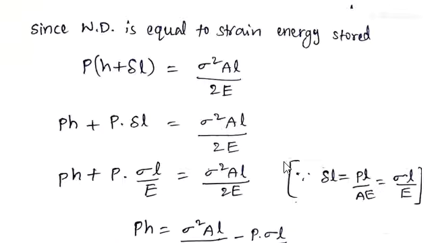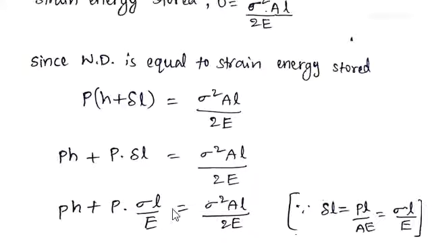Here we can write delta L as sigma into L by E, where E is Young's modulus, since from the formula delta L equals PL by AE, and P by A is nothing but stress. So in place of delta L we write sigma into L by E, and the right side is the same, sigma square AL by 2E.